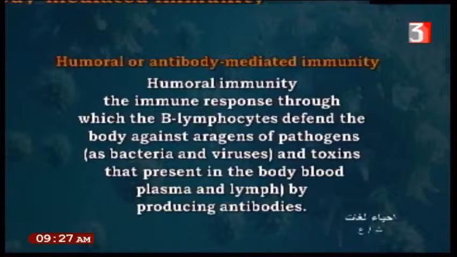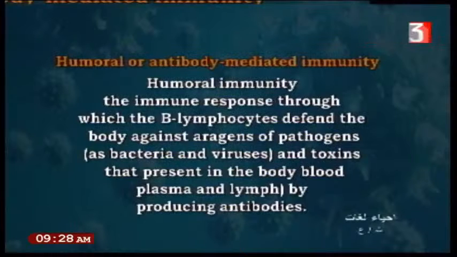We will describe this slide. When you are infected by a disease, what happens? When a disease like bacteria, viruses, or any toxin substance enters the body, first the immune response of the white blood cell, known as B lymphocytes, defends the body against this microbe.